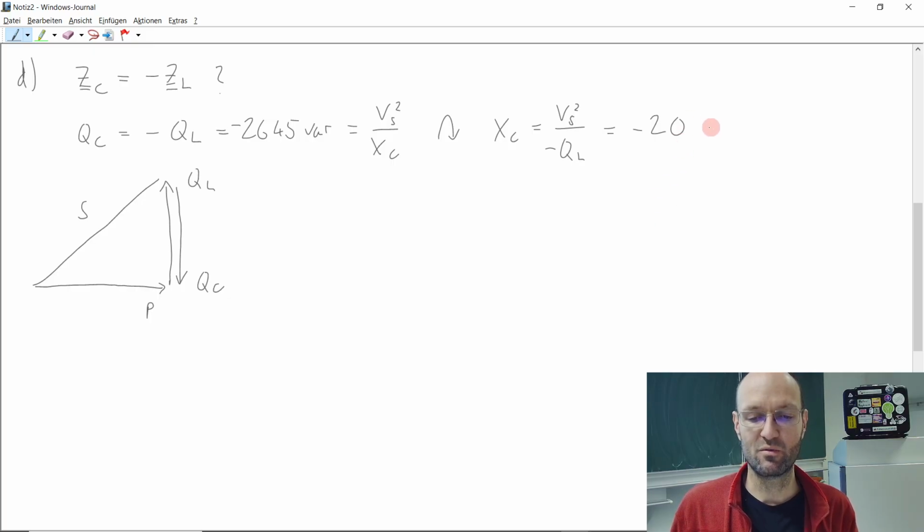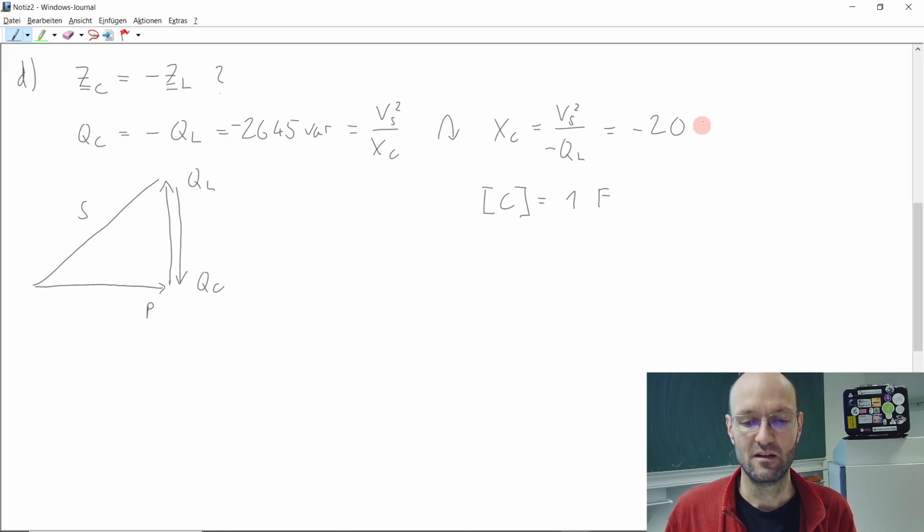So the question is, what is the unit here? What should be the unit of this reactance? No, the farad is the unit that we have later for the capacitor. The unit of the capacitance is farad. V over A? Yeah, we should get voltage divided by ampere, and this is ohm.